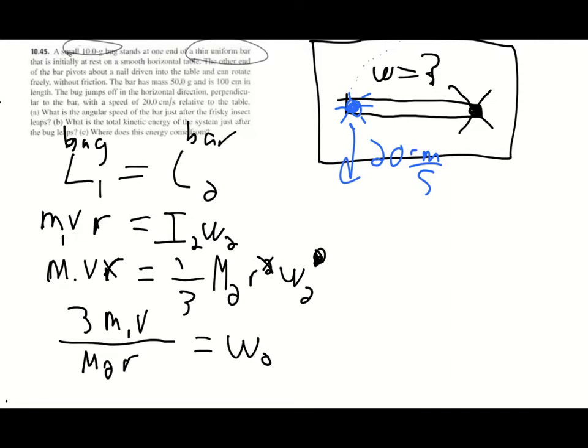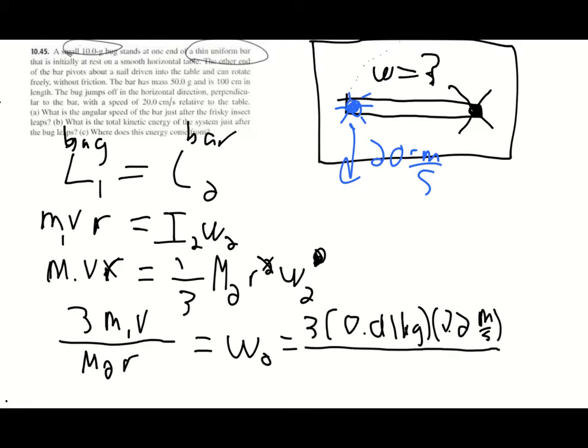So I'm going to plug everything in over here. Again, we can convert it if you like. 0.01 kilograms. This one we have to convert. The 20 centimeters per second has to be converted to metric: 0.2 meters per second, all divided by 0.05 kilograms.